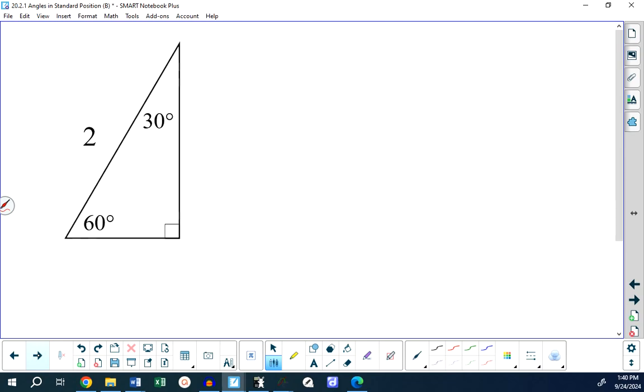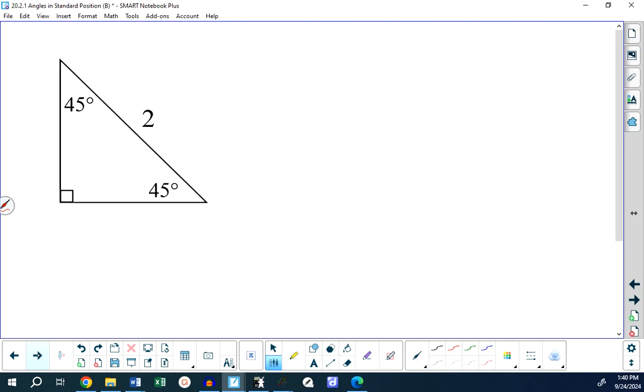So how do we go about, actually I'm going to start with this one. How do we go about finding those missing sides? Well, we recognize that since this is an isosceles triangle, it's isosceles because we have these two angles equal. What that means is that these two sides are equal.